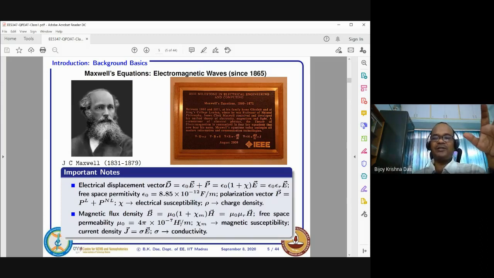He represented all these equations in terms of very complex integrals, using so many parameters. If you read the original paper, I remember there are more or less 35 equations he used. Later, because of the invention of vector calculus, they were combined into a compact form. In any textbook you see the nice form, but it is a story of 150 years.